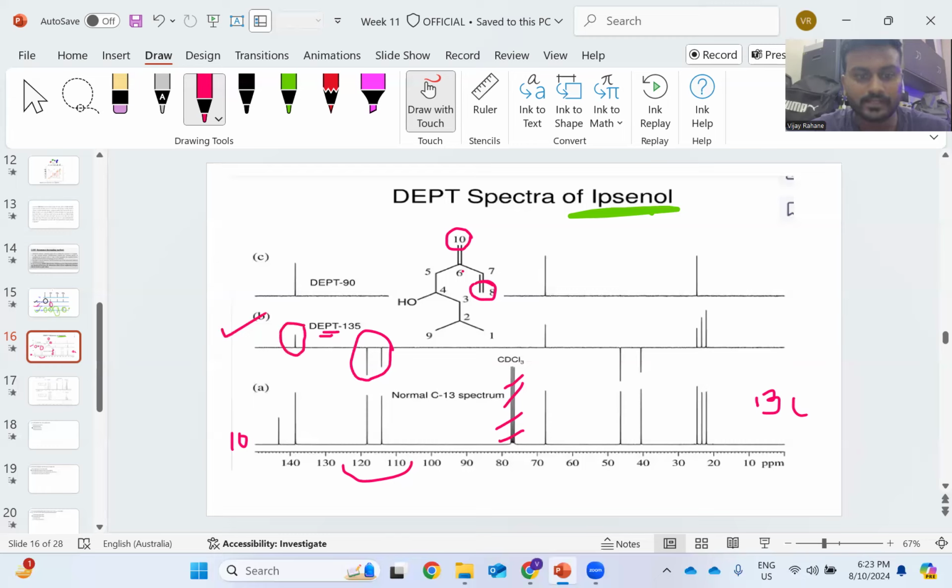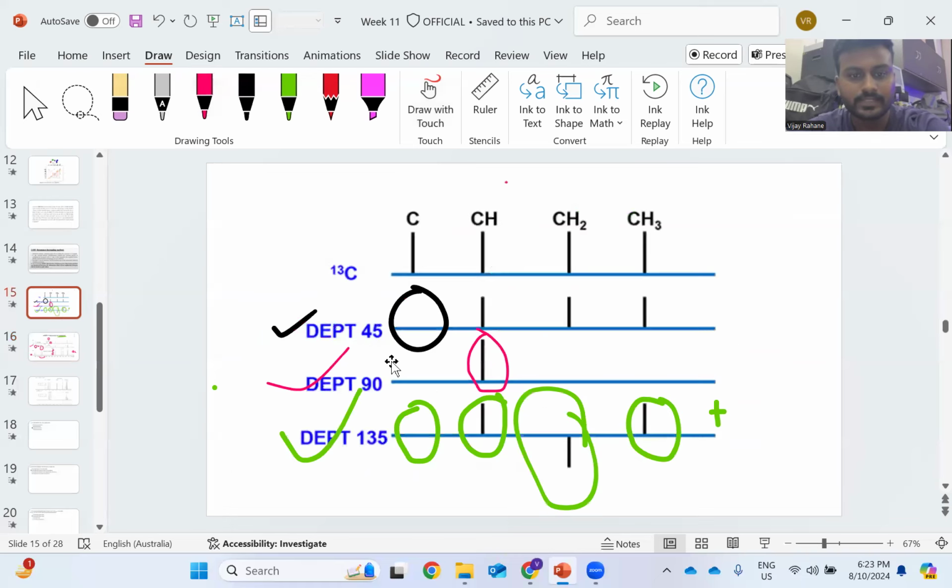What are the remaining signals here in the DPT 135? As we have seen earlier, in DPT 135 we will not observe any signal due to the quaternary carbon, right?